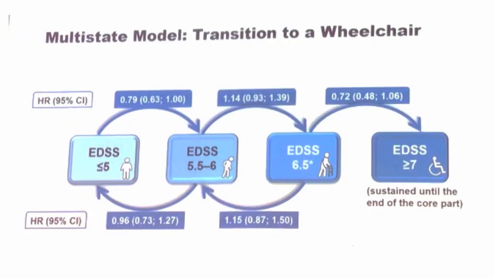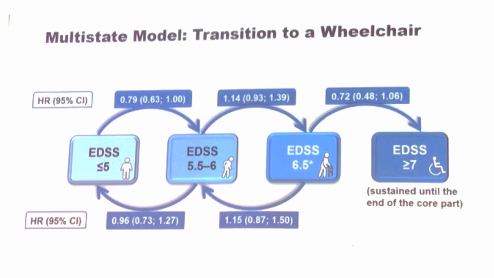So if we show that, what you can see, and this is a bit complicated, this model, you've got patients who are under EDSS score of less than 5, and you've got then 5.5 through to 6, and then 6.5 and greater than 7. And what you have at the top are patients who are worsening, and at the bottom you've got patients going in the opposite direction, i.e. improving.